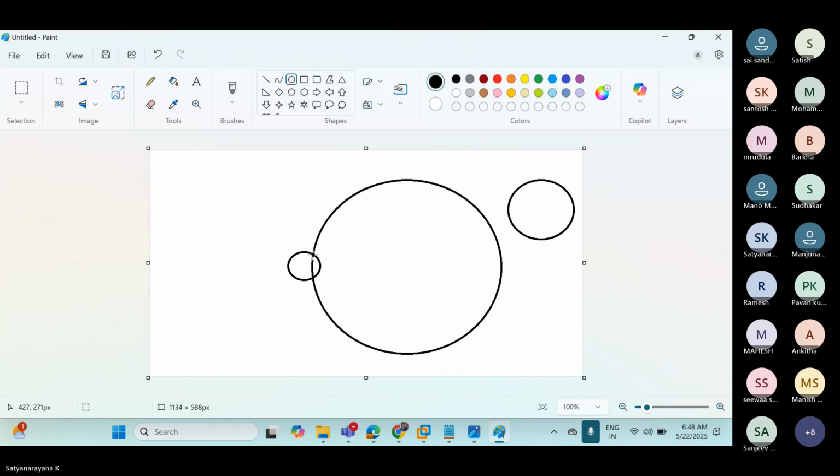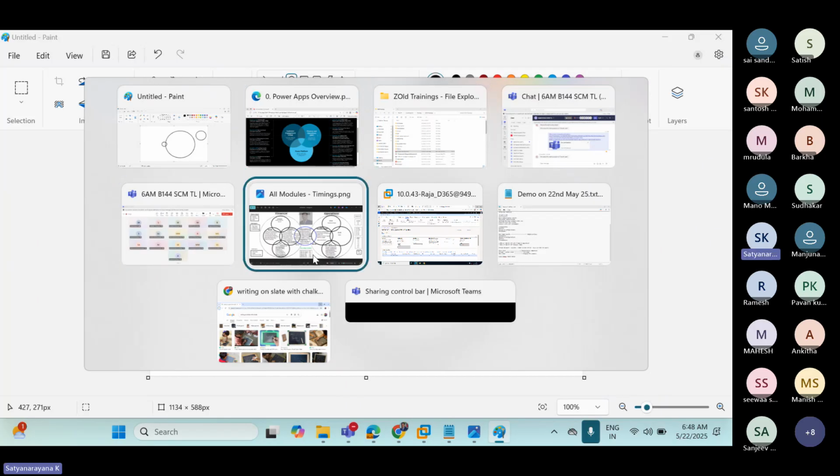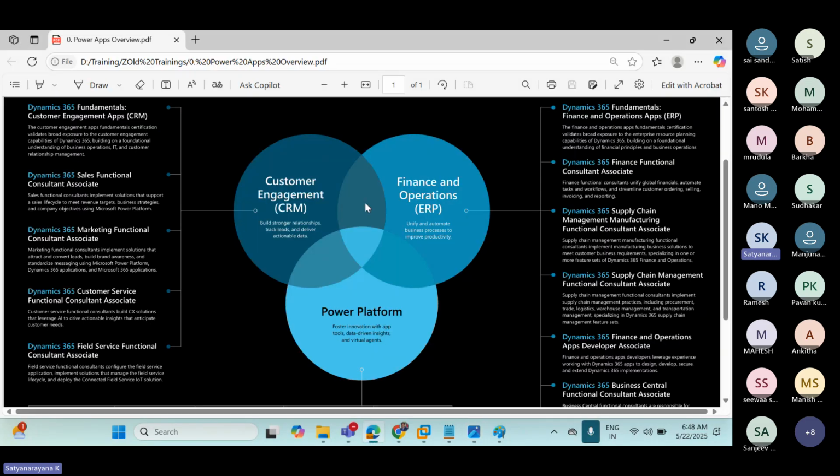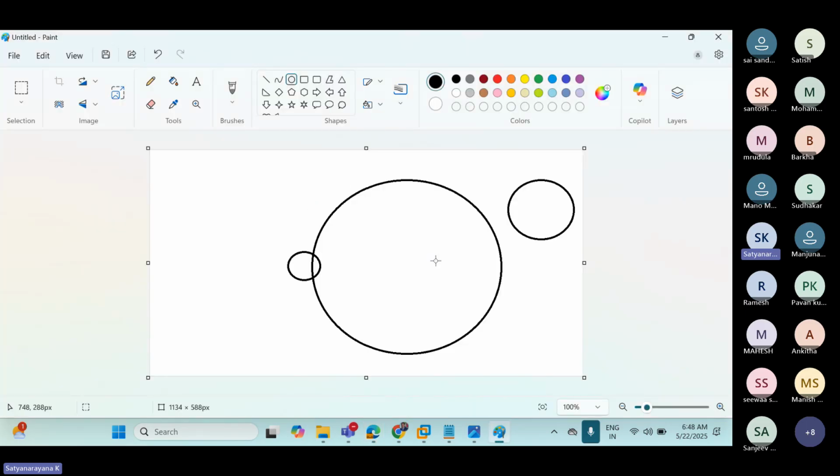In this, you will find one module called sales, one called marketing, customer service, and field service. These four together are CE or CRM. When compared with F&O, if F&O is 100%, this is 5%, 5 to 6% or 10%. Business Central is around 30%.